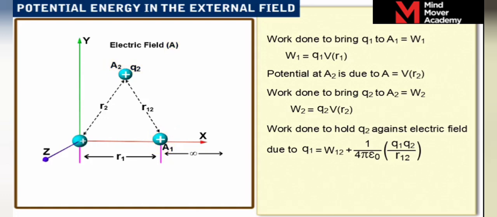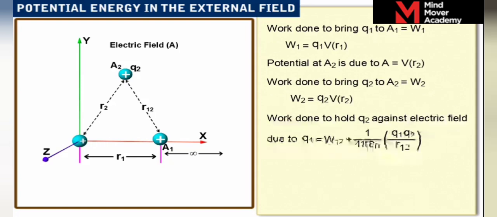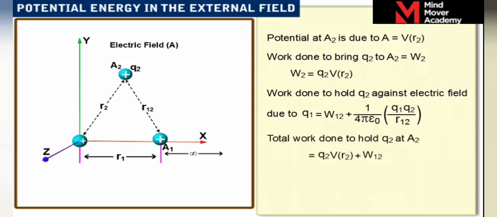Work done to hold Q2 against the electric field due to Q1 is expressed as W12, which is equal to 1 by 4 pi epsilon naught into Q1 Q2 by R12. The total work done to hold Q2 at rest at A2 is Q2 into V of r2 plus W12.